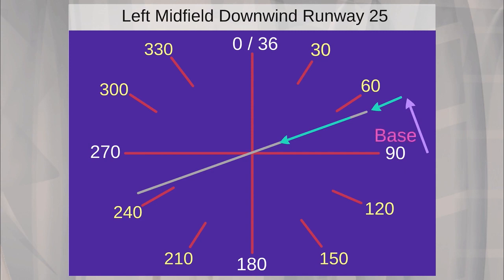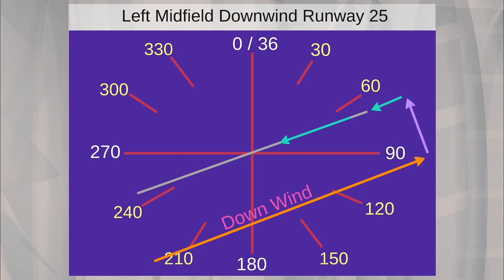That would be our base. So our downwind would obviously be here where the orange arrow is facing, and that would be the downwind. So now we have our pattern pretty much drawn out to include our downwind, which is the piece we need.